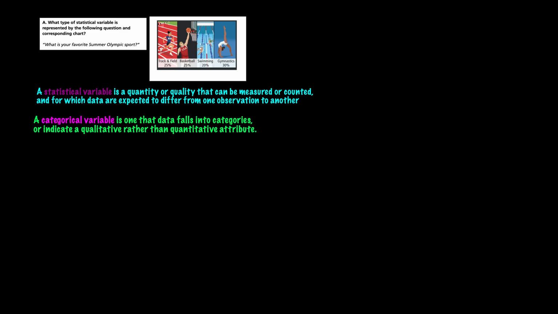Well, a categorical variable is one where data falls into categories. In this case, our data falls into track and field, basketball, swimming, and gymnastics, or indicate a qualitative rather than a quantitative attribute. All right, so what is an example? This Olympic sport is an example of categorical because there are categories in the Olympics.